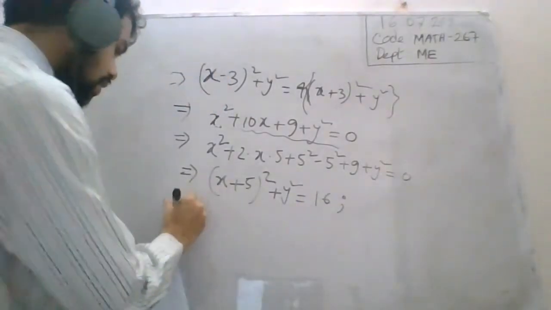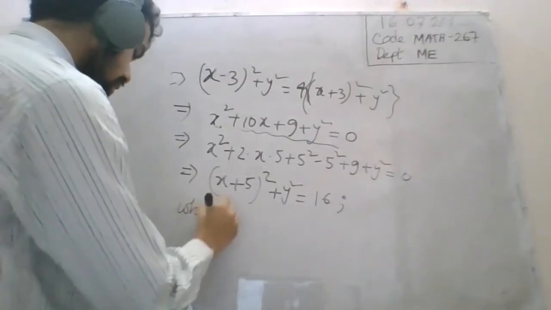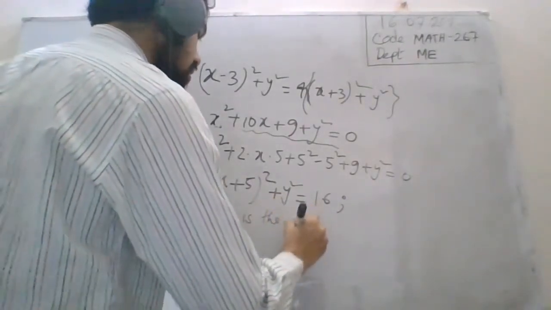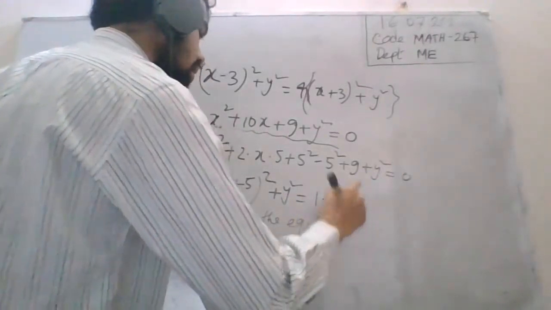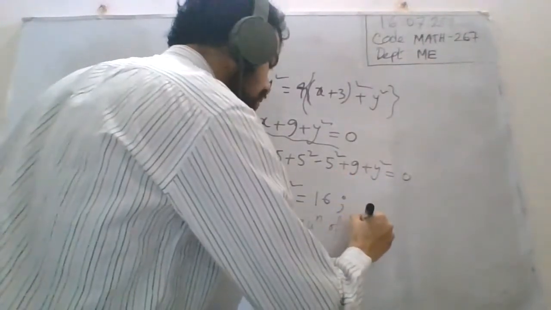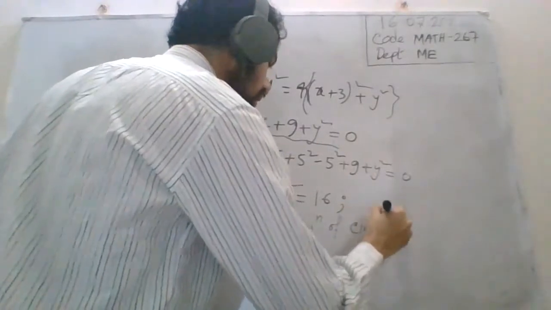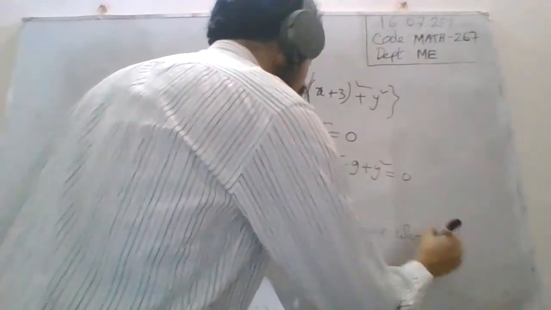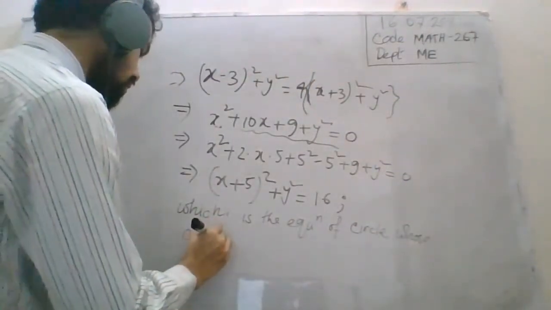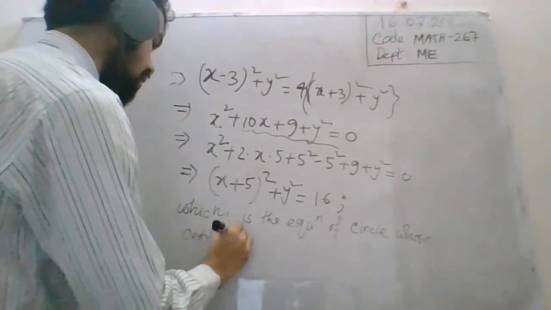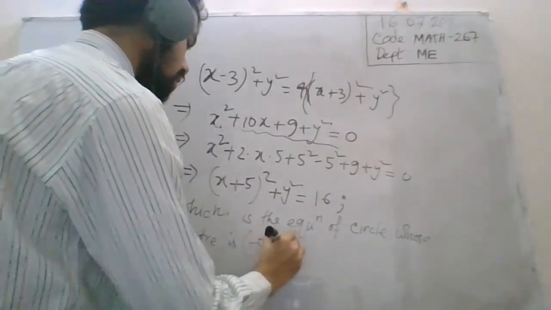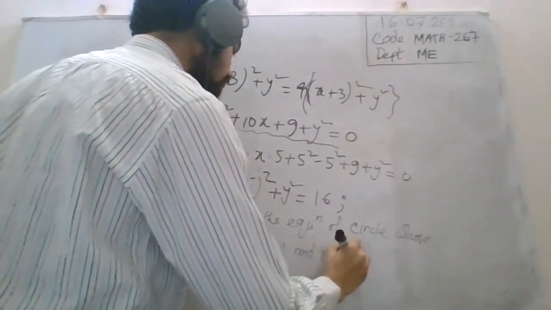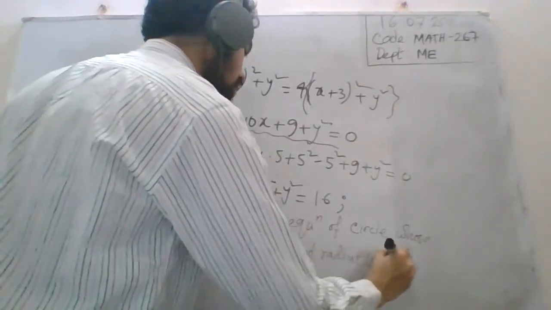Okay, so which is the equation of a circle whose center is (-5, 0) and radius is 4.